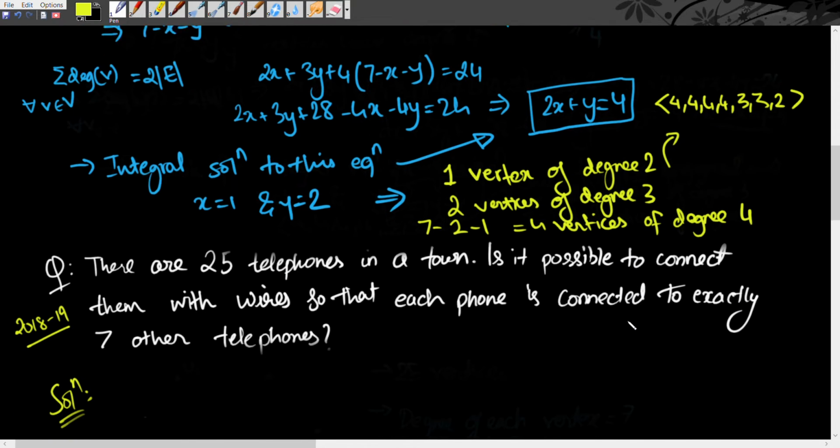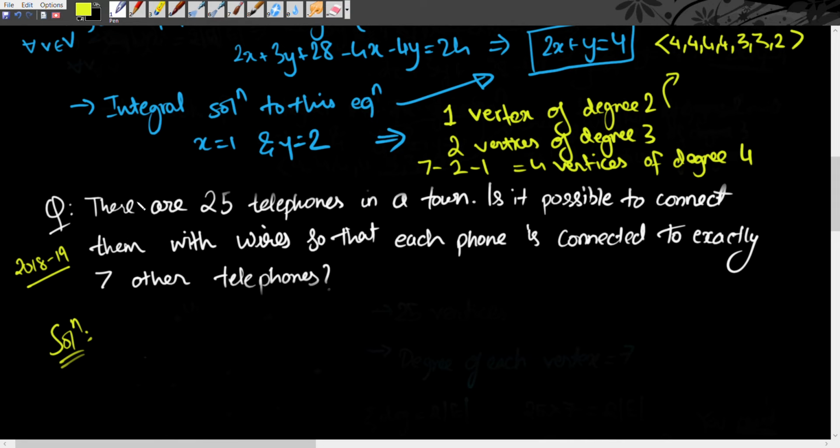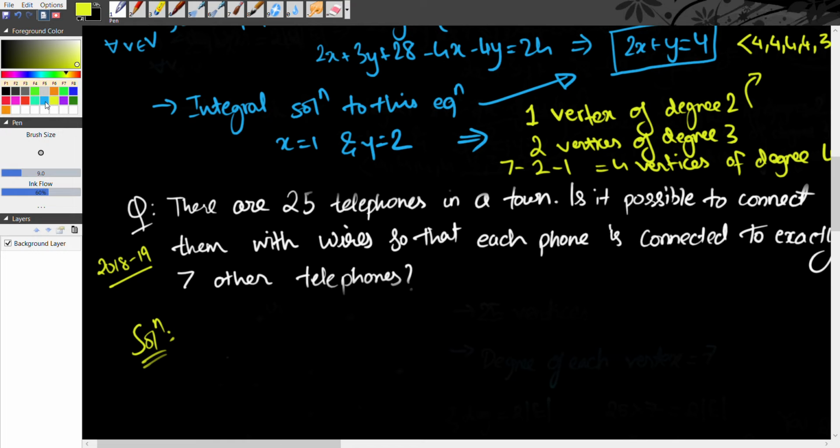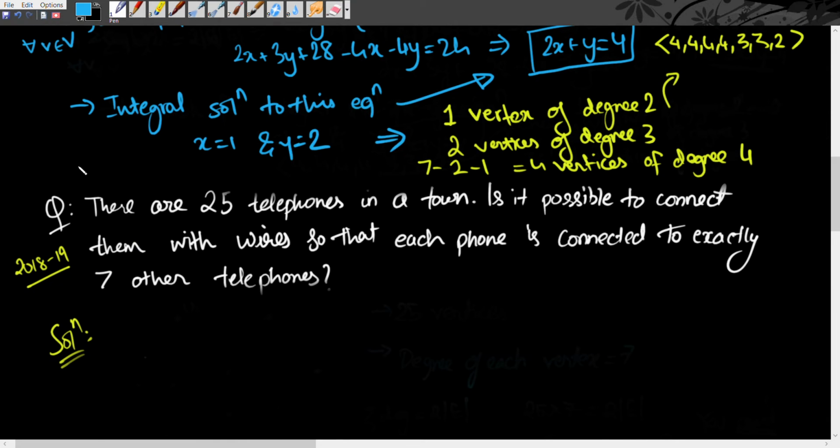Alright, let's discuss another question. This was asked in 2018-19 in the midterm. Alright, so there are 25 telephones in a town. Is it possible to connect them with wires so that each phone is connected to exactly 7 other telephones? So you can visualize this as a graph.